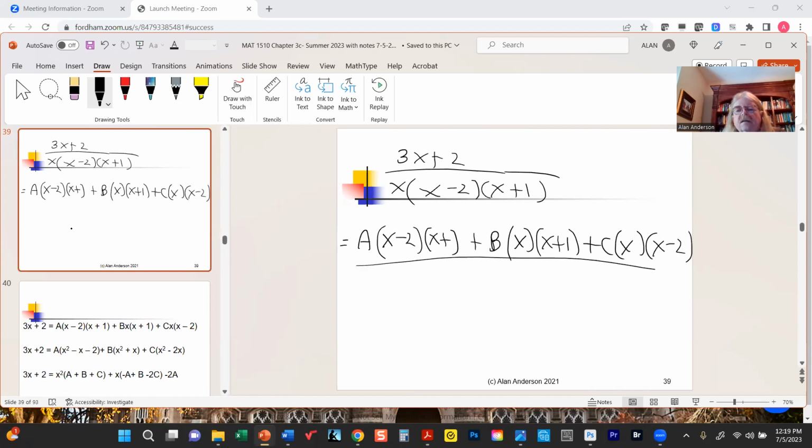The denominator is this expression. Anyway, so because of the way it's written, what this implies is that the two numerators must equal each other.